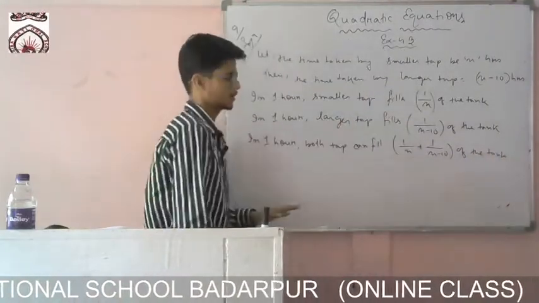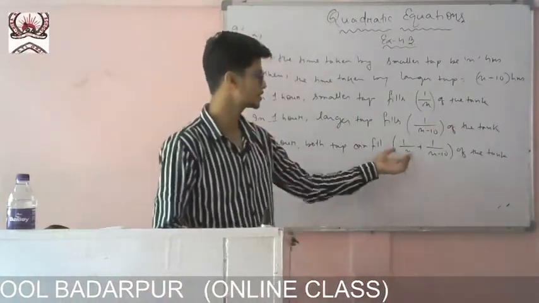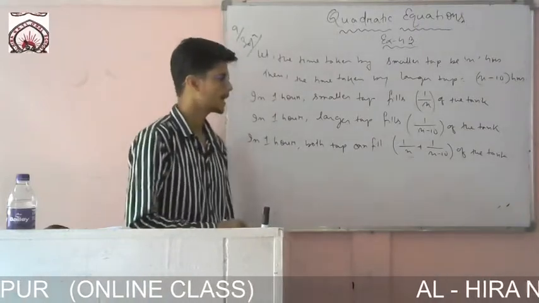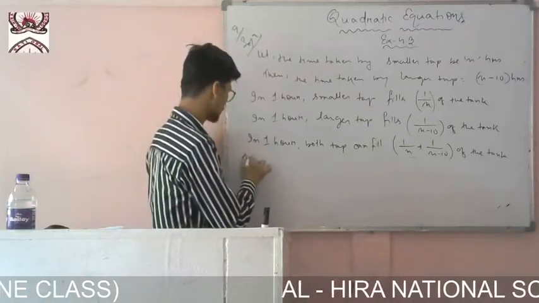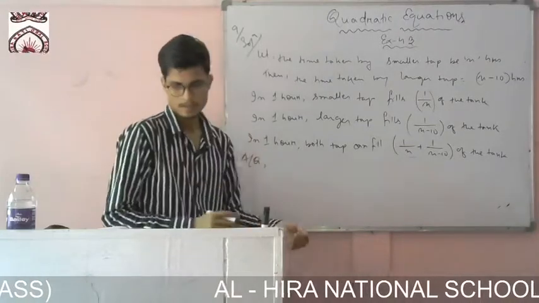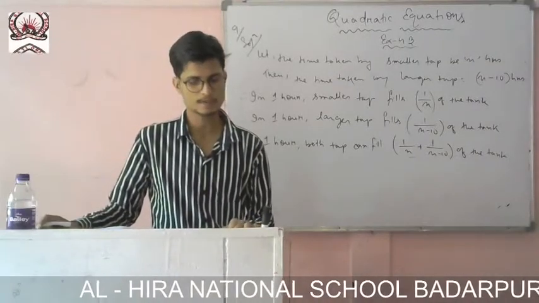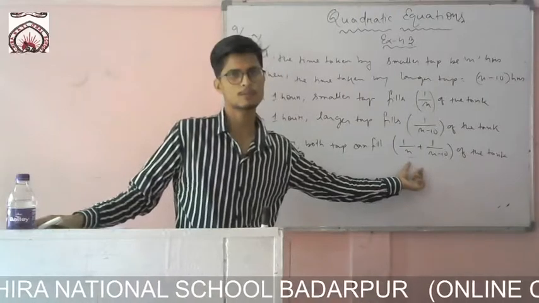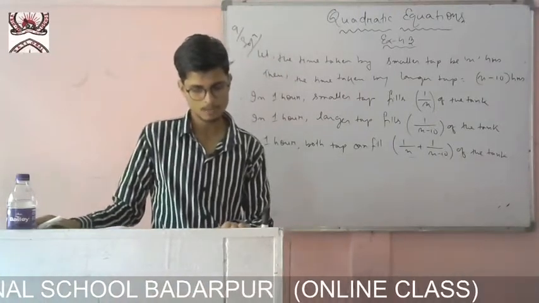This is if both taps are opened at a time, then they will do this much work, 1 by x plus 1 by x minus 10. So now according to the question, two taps together can fill, so this is their 1 hour work. And here it is given that two taps can fill in how many hours?